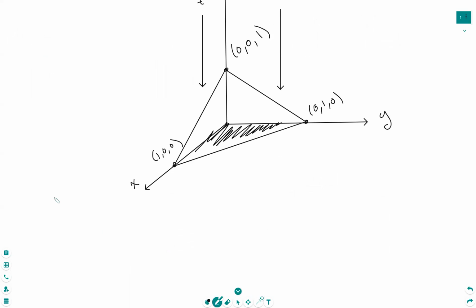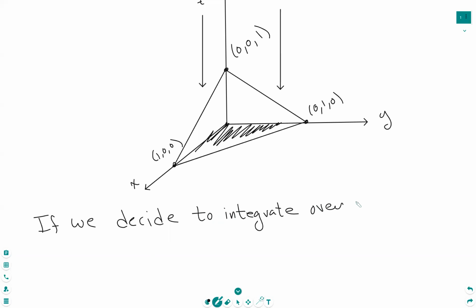So if we're projecting to the XY plane, that means that we're integrating Z first, right? We're always integrating the thing that we're projecting in the direction of. So if we decide to integrate over Z first, and because this is a nice shape, we could have projected to the YZ plane or the XZ plane, but we're just going to choose arbitrarily.